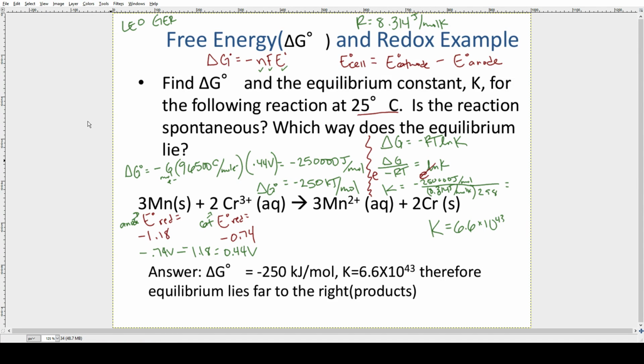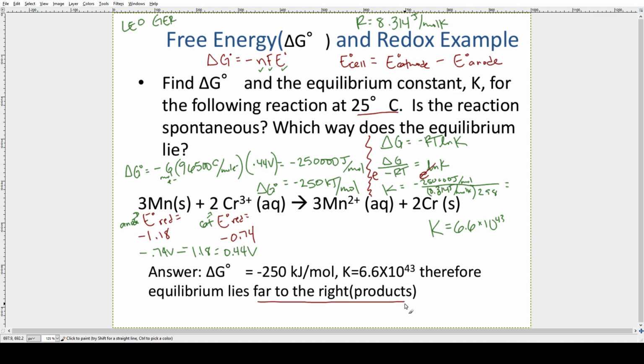Okay, so let's use our K value to figure out which way the equilibrium lies. Is my K value very, very large or very, very small? It's very, very large. Since it is so large, that must mean I have a lot of products. So it lies far to the right.